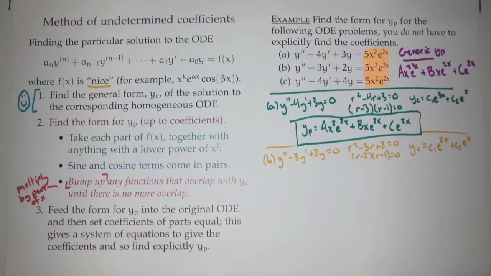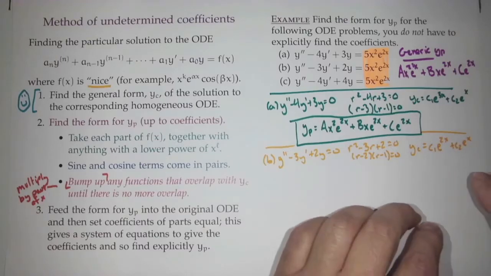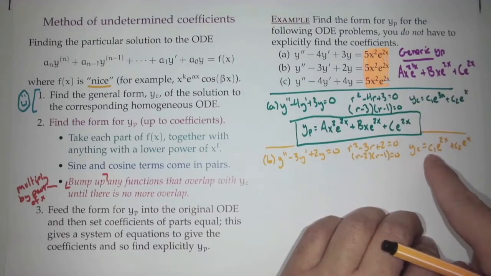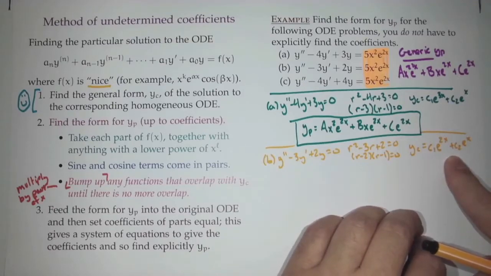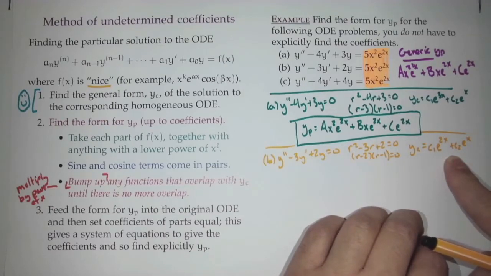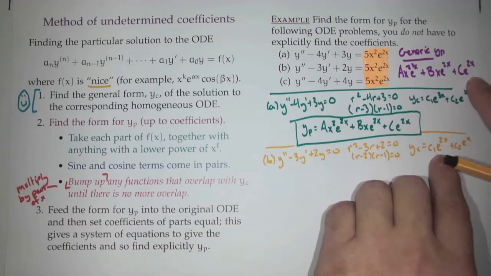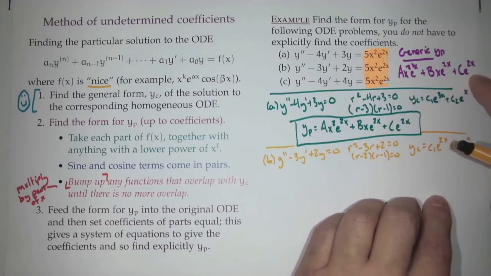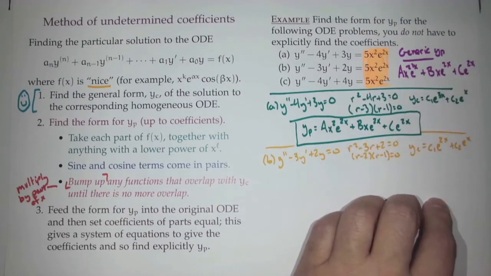Now let's look at our generic y sub p and our complementary solution and ask: is there any overlap? Yes, they both have e to the 2x. So if there's overlap, what do we need to do? Bump. Which term do we bump?